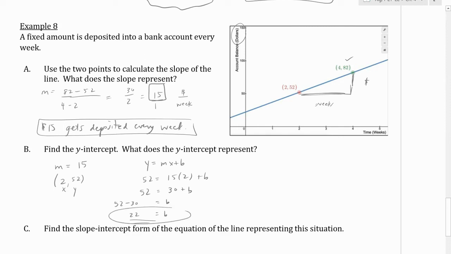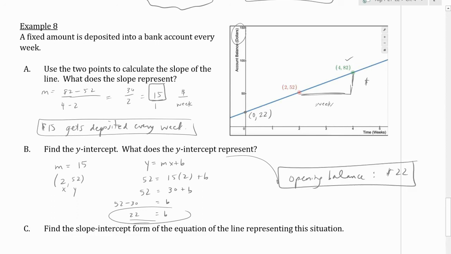So there's my y-intercept. But what does it represent? That means if you had 0 weeks go by, there were $22. So that means your opening balance was 22 bucks. When they started this savings account, you just automatically opened up and put $22 in. And then every week after that, you're going to add $15 to it.